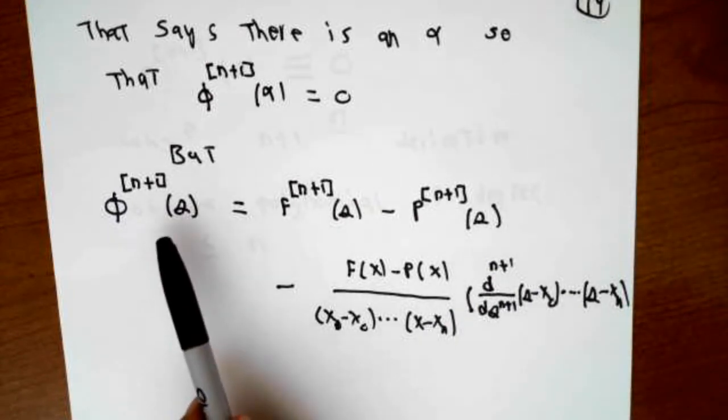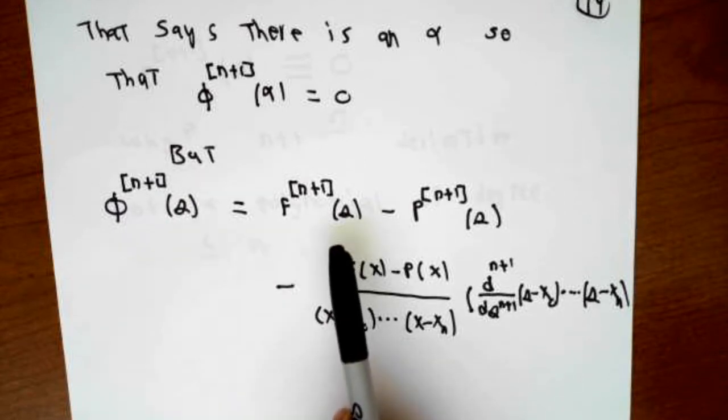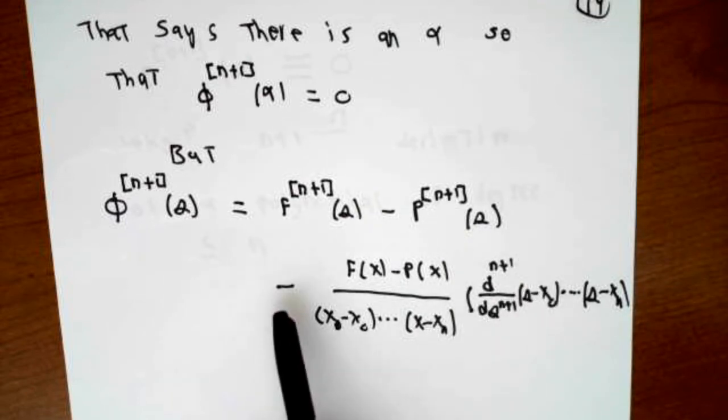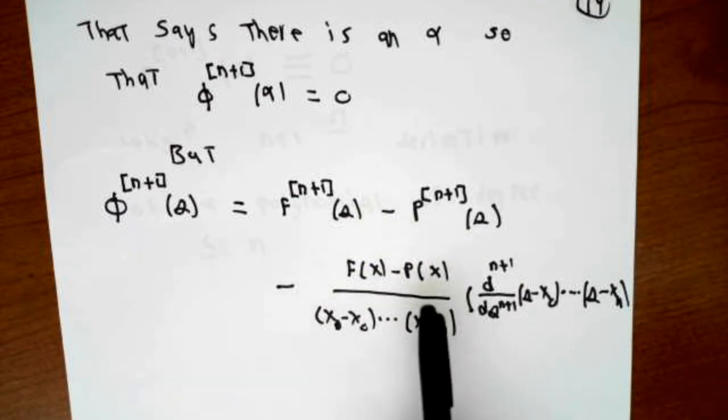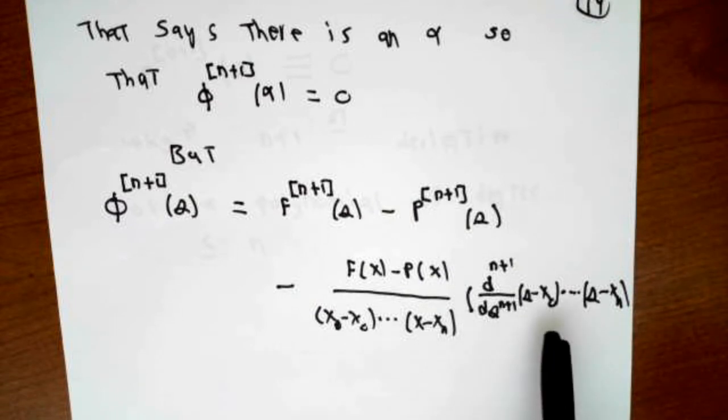The n plus first derivative of phi evaluated at s is the n plus first derivative of f at s, minus the n plus first derivative of p at s, minus this constant times the n plus first derivative of (s minus x0) out to (s minus xn).